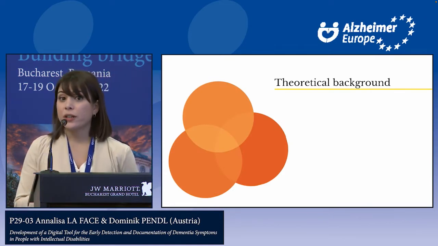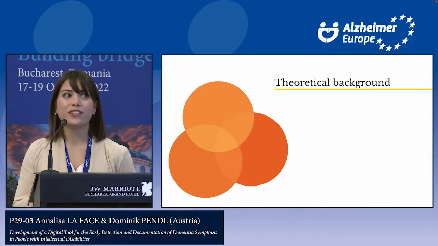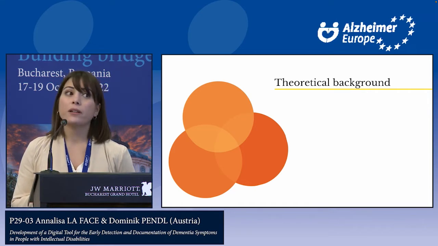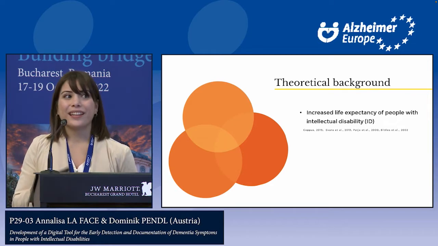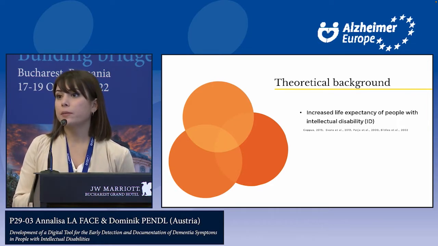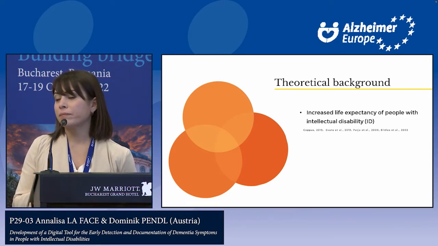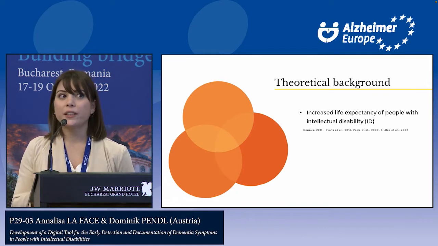Just a couple of words, I will connect a lot with what Professor Janicki already told, to frame the problem we would like to address with our digital solution. Of course, we are glad and celebrating that people with intellectual disability are now reaching higher age, living longer, but this is new, specifically in Austria, where some historical legacy had to be overcome because before, people with intellectual disabilities could not reach older ages.